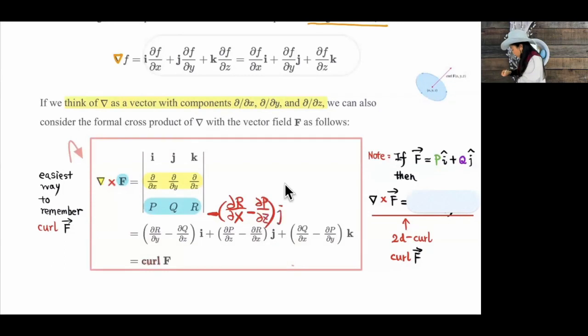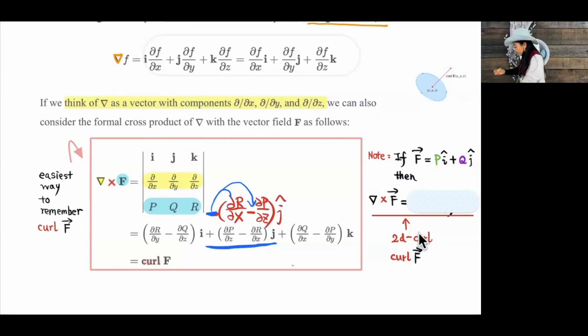Distributing this minus sign in front, you take the opposite of every term, and that should give you this sum.